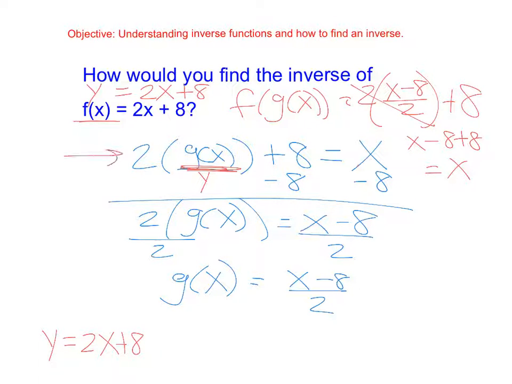In this line, I ended up making it 2y plus 8 equals x. All I really did was switch my x value and my y value. That's the down and dirty way of finding the inverse of something: we switch our x and y and then just solve.